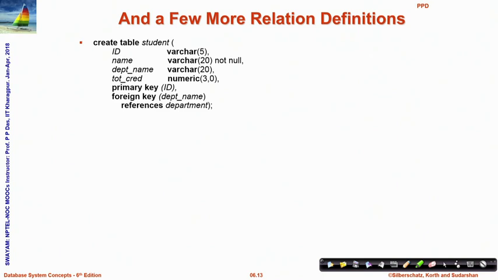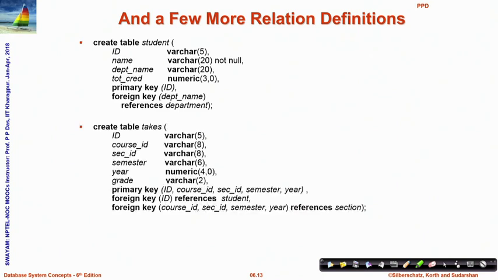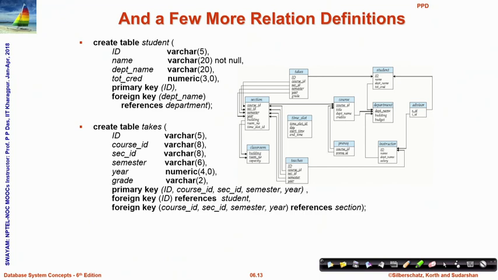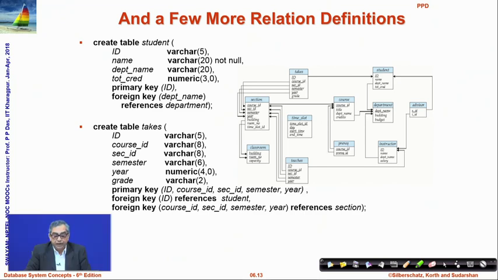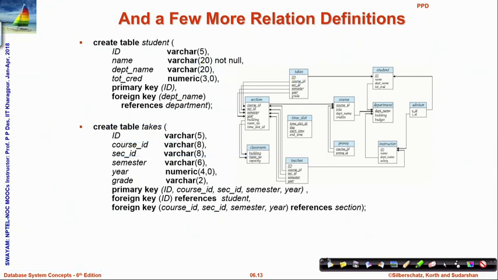Here are a couple more examples. I will not go through them in detail. I will request you to take time and carefully understand them. Again, these are about different relations that exist here, about the student and about the courses that the student takes, and in every case the set of fields that you have in the table in the design of the schema are listed in the create table.